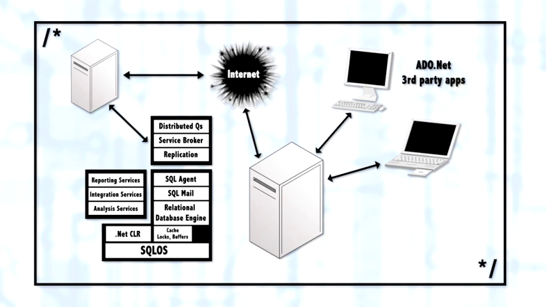Keep in mind that in this training we're focusing on developing databases, so while we're talking at this point about the different services and components of SQL Server, the rest of this training will be focused on how to develop a database. So we're not going to be talking about Service Broker or replication in great detail.